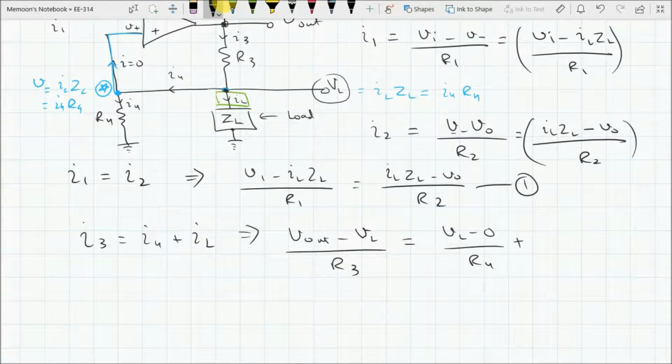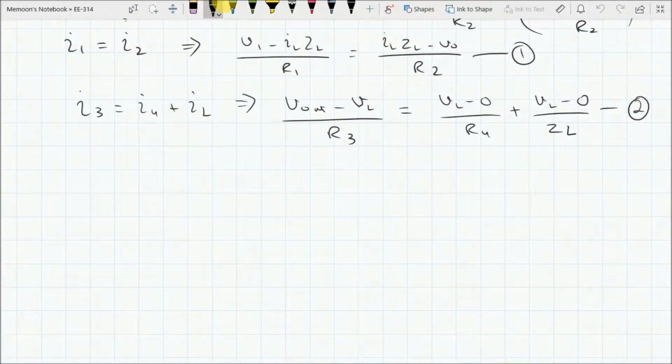Again the potential at this point, VL minus 0 over ZL. Let's call it equation 2. We have a relation linking the Vi, IL, ZL and R1 to V out, IL, ZL and R2, and then we have a relation linking V out, VL, R3 and R4 and ZL.